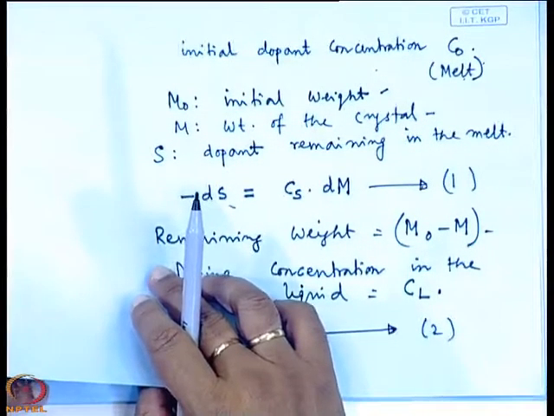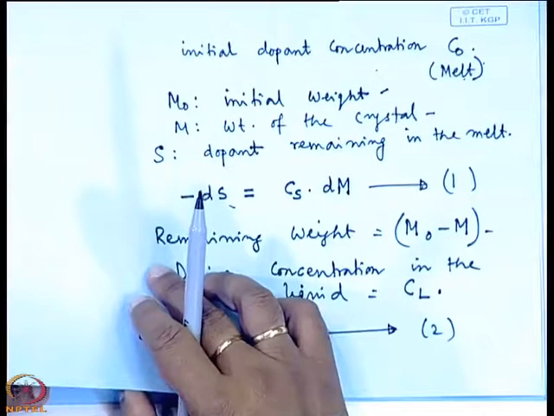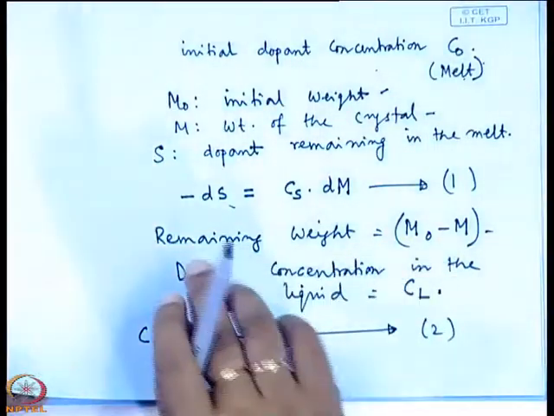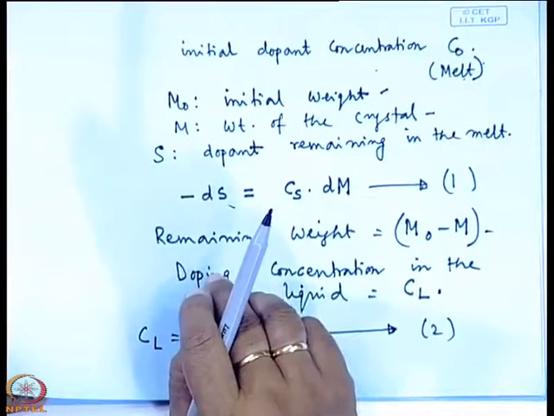In this expression, the weight of the melt will be decreasing. The initial weight is m0, and if m of crystal is grown, that means m amount of melt is consumed. So the remaining will be m0 minus m.